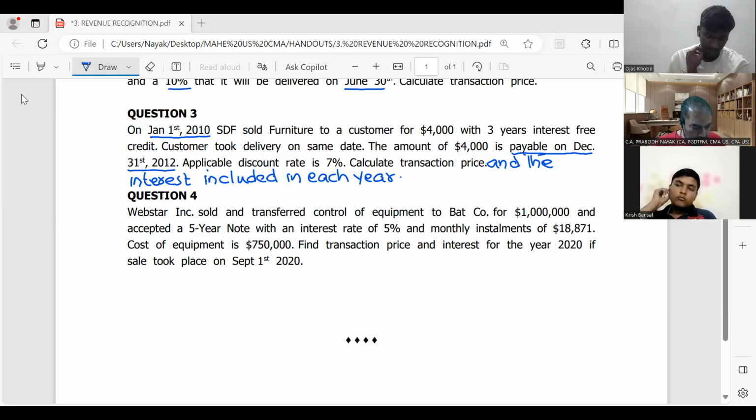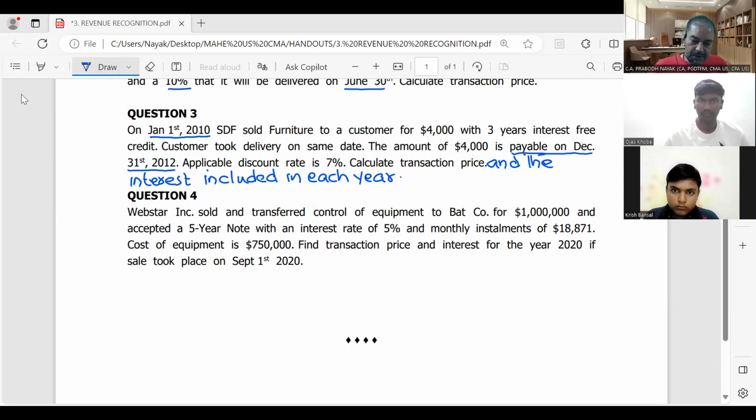If we divide by 12 and then multiply by 4, it will come to 13,947.3. No, it's not correct. Transaction price, how much did you get? 863,838.